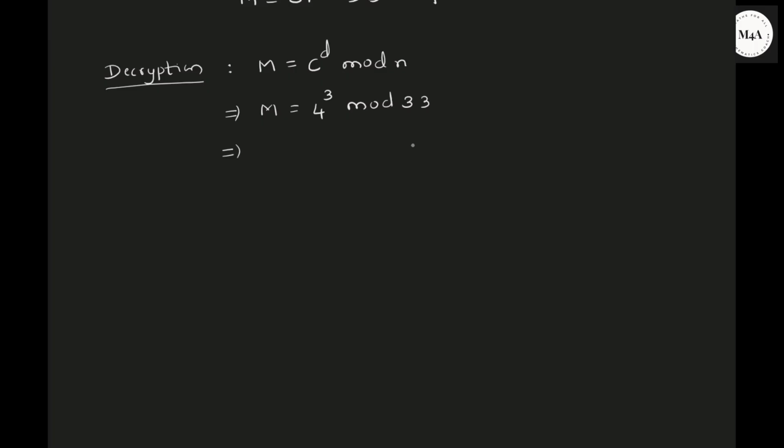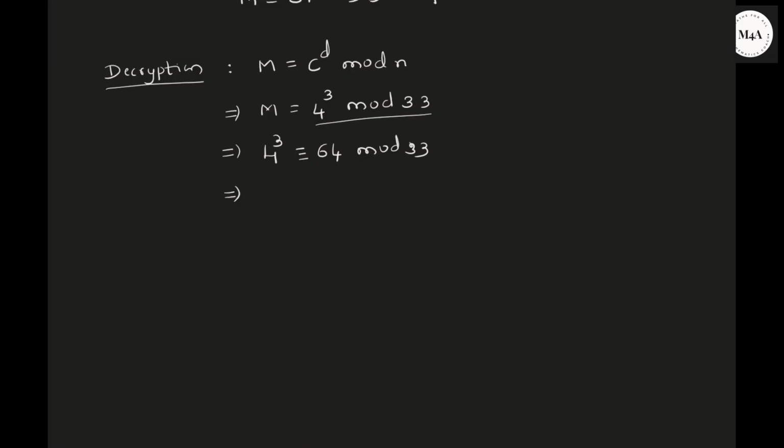So M here is 4 cube. 4 cube is congruent to 64 mod 33. We are simplifying this part. Now 64 congruent to what?